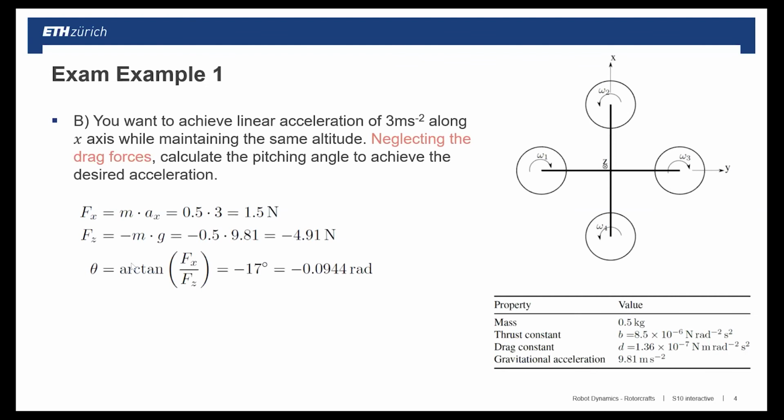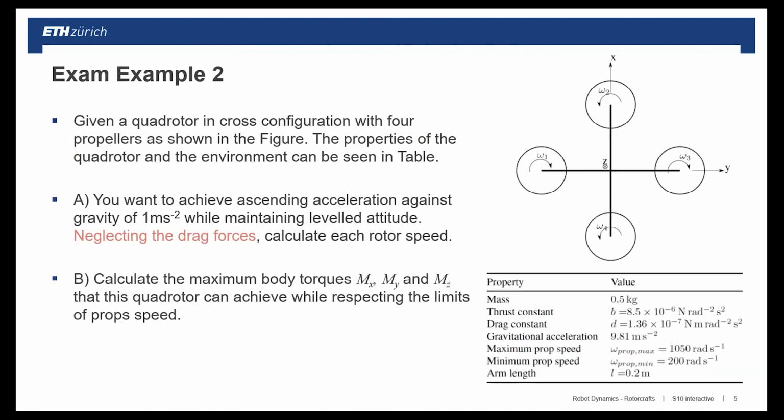Now I go forward to a second example, which is quite similar. This is from another year. Again, you have the quadcopter given with the mass, the thrust constant and the acceleration vector, but additionally also a given maximal propeller speed and a minimal propeller speed. This is quite often given for the propeller.